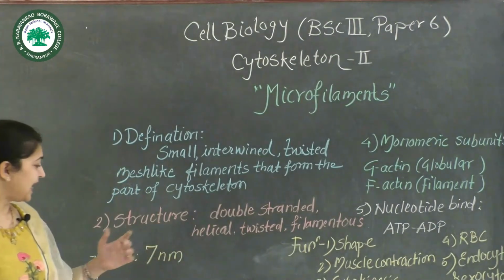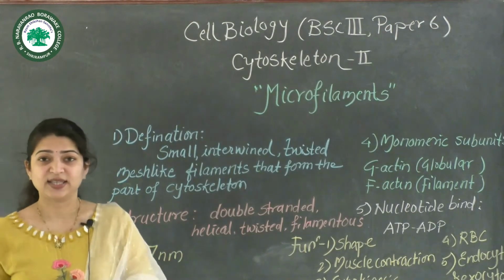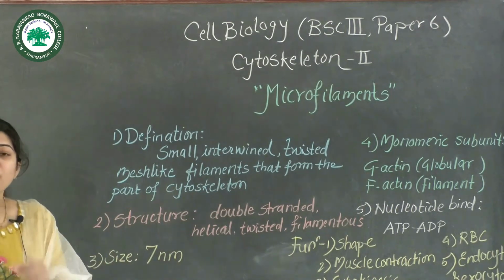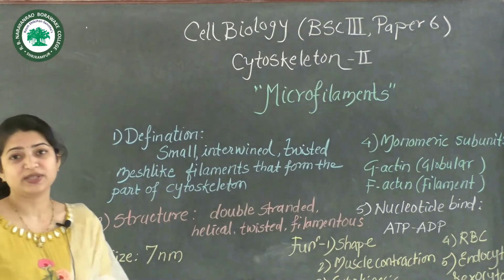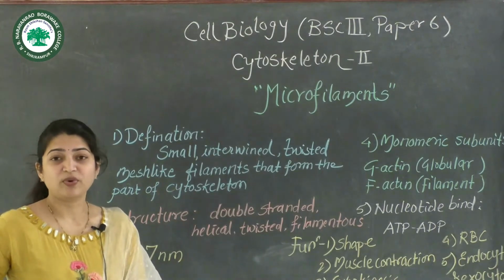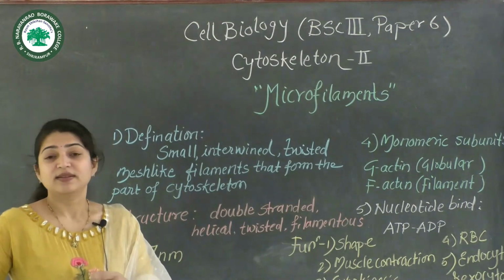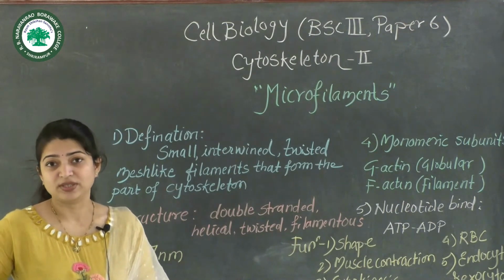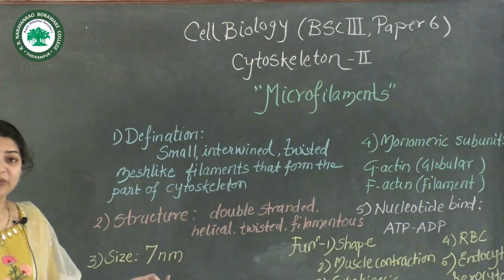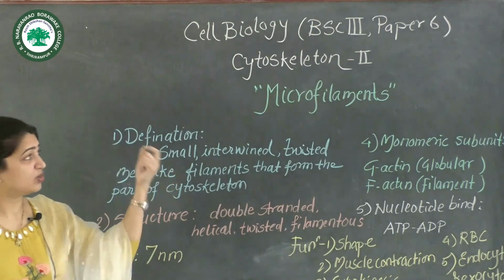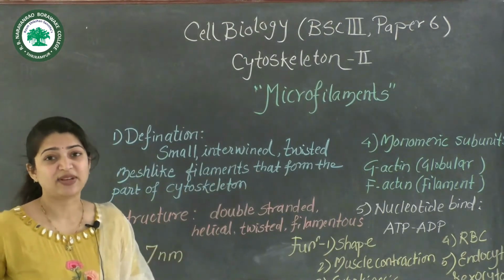The next part is the size. It is the smallest size, that is 7 nanometer. As I have told you before, the diameter of the microtubule was 25 nanometers. Here, the diameter of the microfilament is 7 nanometer.